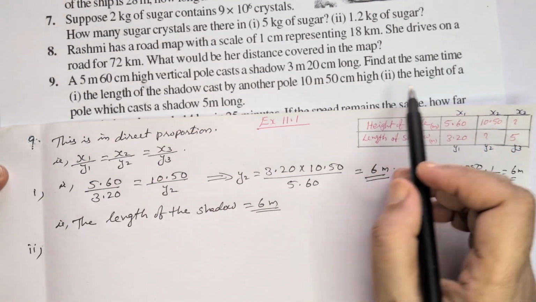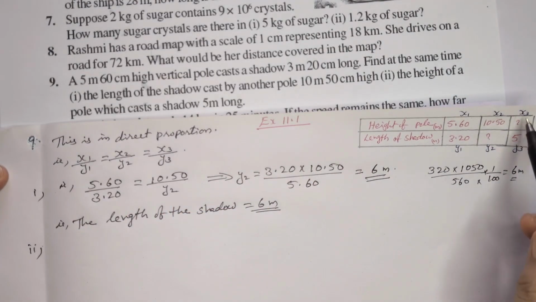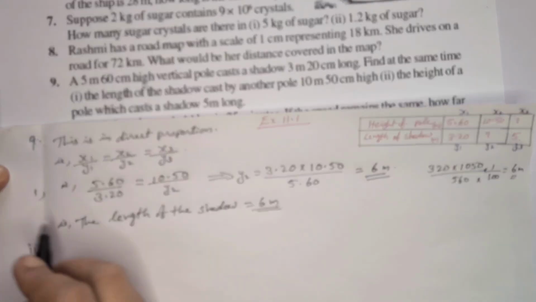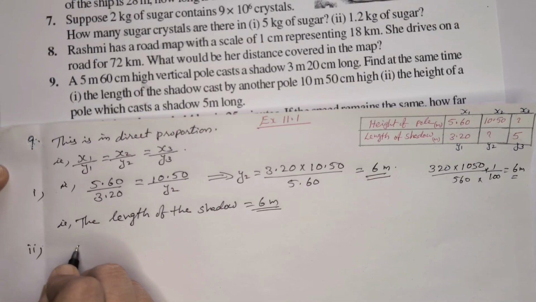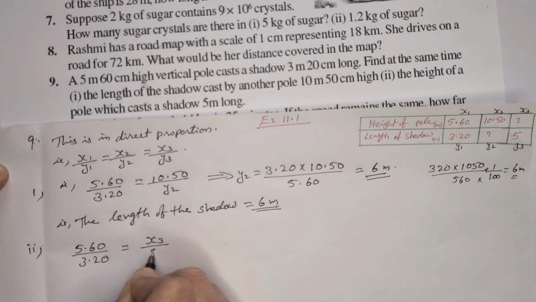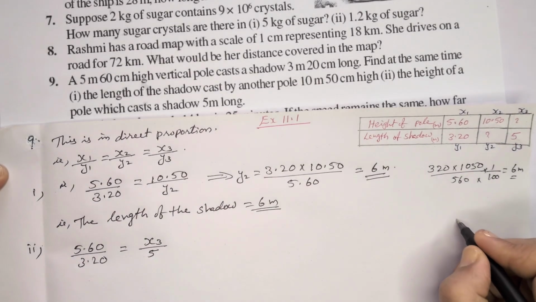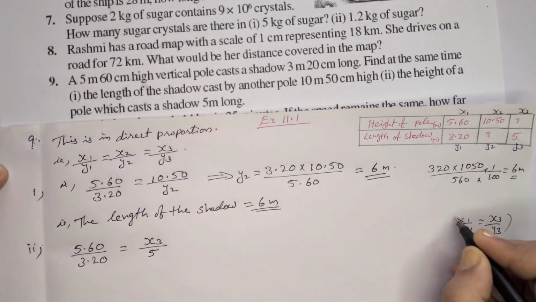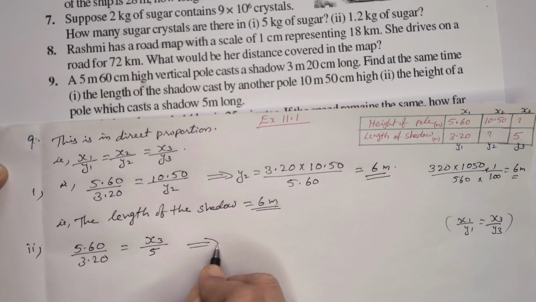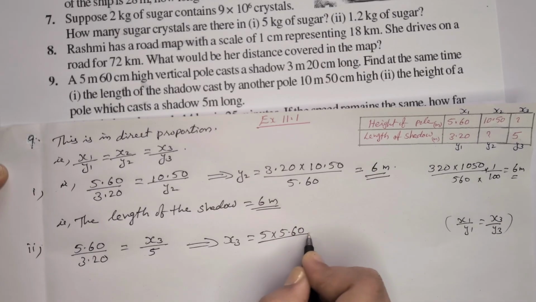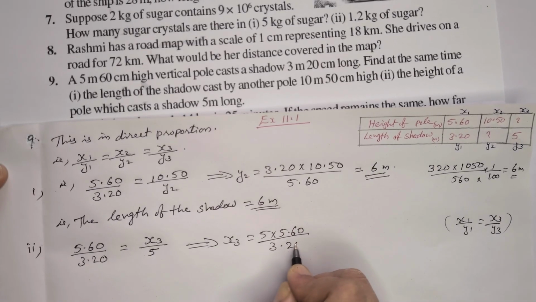Now the second part, the height of a pole which casts a 5 meter long shadow. We have to find h3. So x1 by y1 is equal to h3 by y3. That means 5.60 by 3.20 is equal to h3 by 5. Cross multiply, we will get h3 is equal to 5 into 5.60 divided by 3.20.